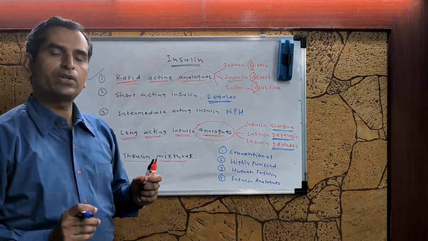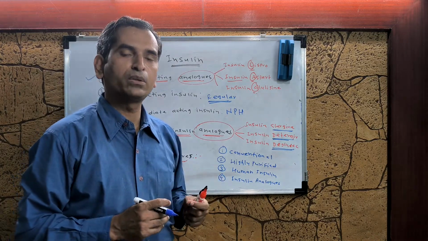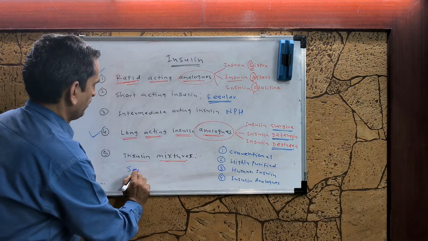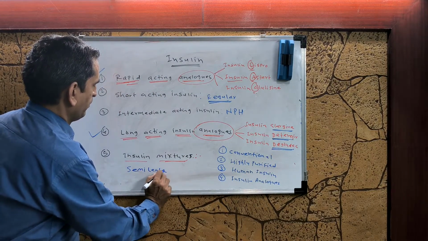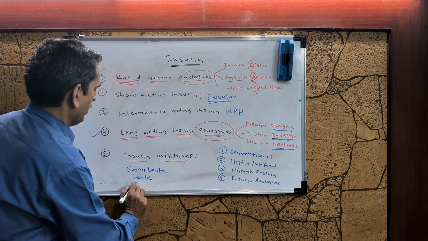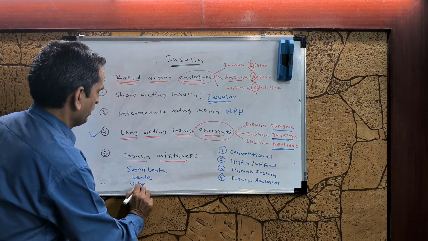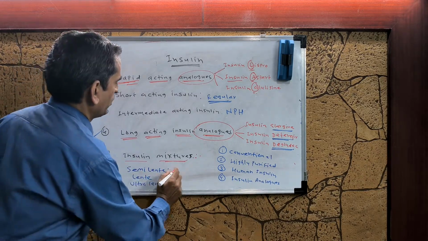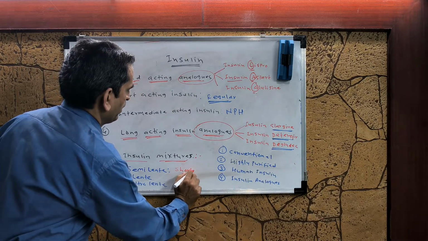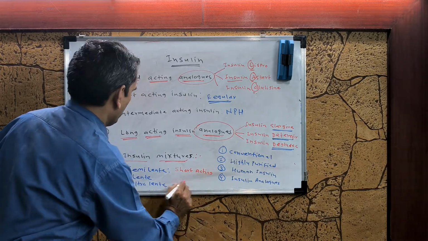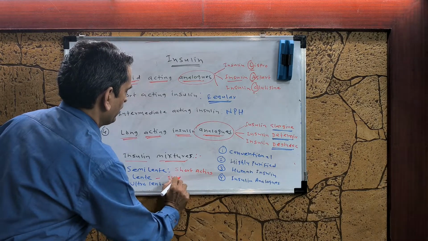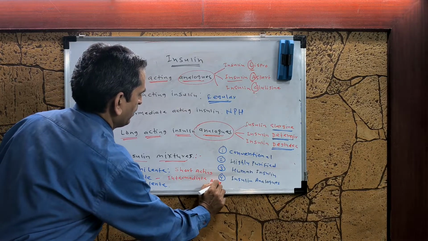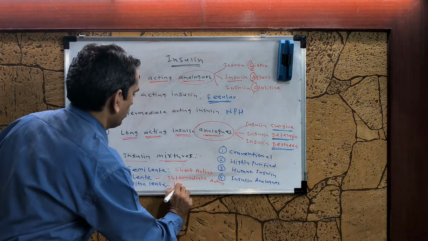There is another way of classifying insulin, like the semilente insulin, lente insulin, and ultralente insulin. Semilente are short acting, lente are intermediate acting, and ultralente are long acting.